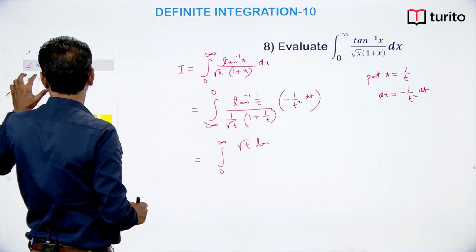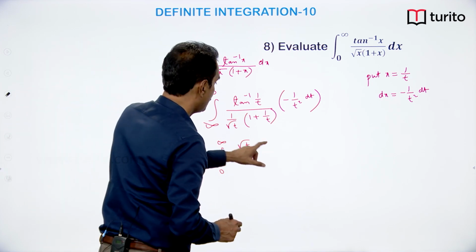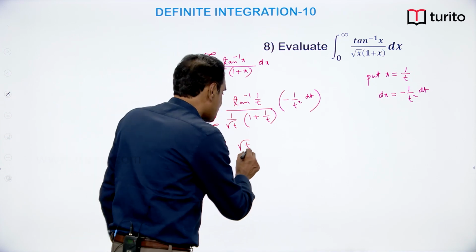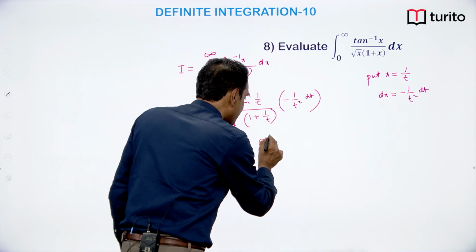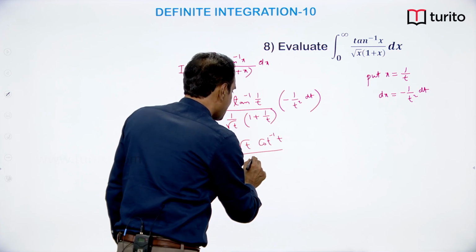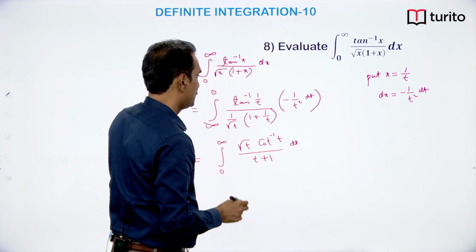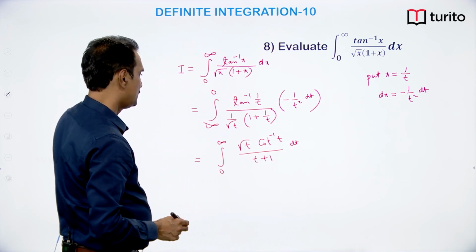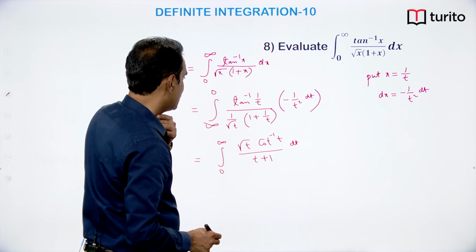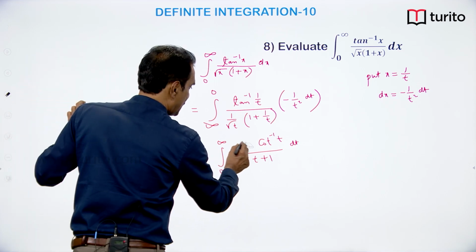So, I will write tan inverse 1 by t as cot inverse t by t plus 1. I think root t, you will get root t in the denominator, not in the numerator.